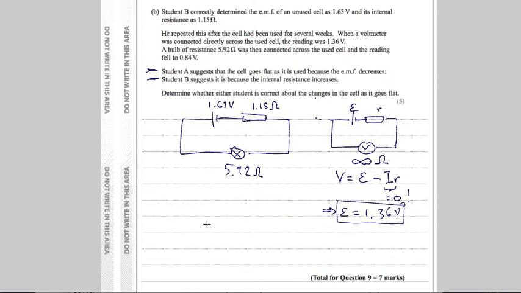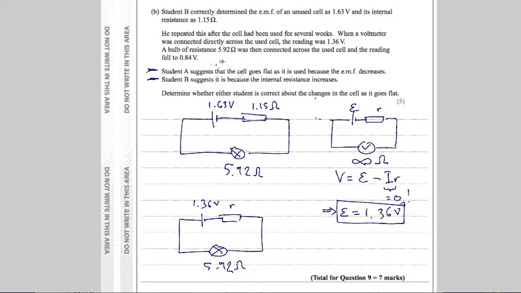Then let's draw what's going on. Now that we know what the EMF is, we can put that in. We have 1.36 volts, we have some internal resistance R, and that is connected to a light bulb of 5.92 ohms.